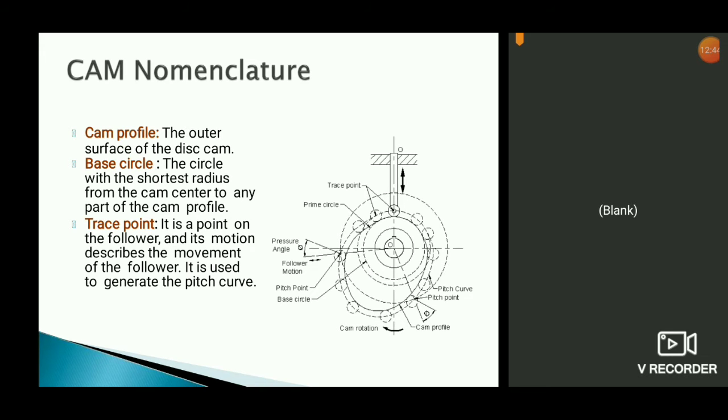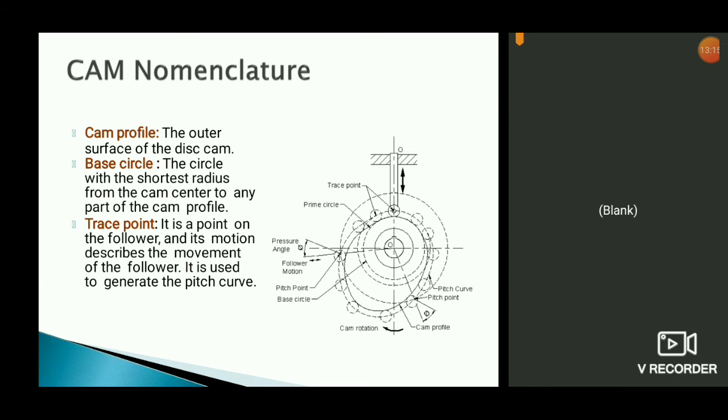Next one is trace point. Trace point means, for example for a roller follower, this is the point on the follower where it starts, at the axis of the cam. So that is the starting point of the follower motion. It is a point on the follower and its motion describes the movement; you can see the trace point here, here, like a lot of points.